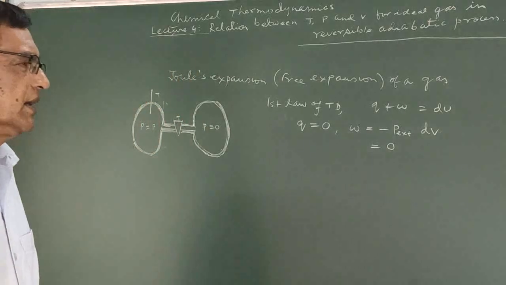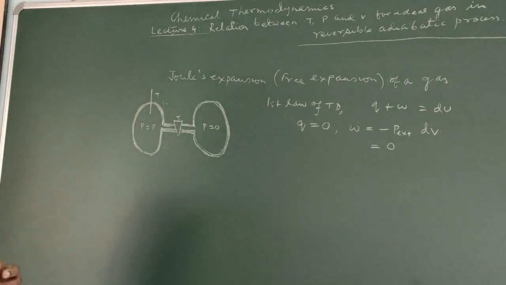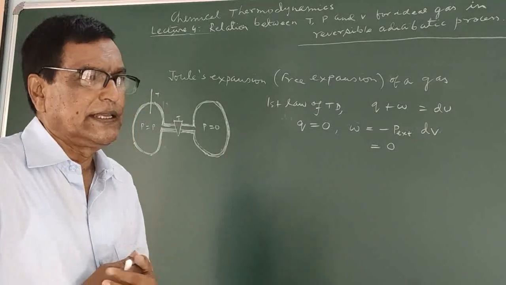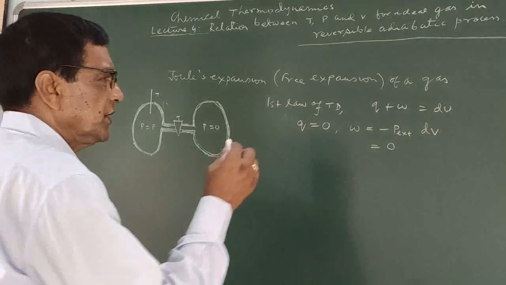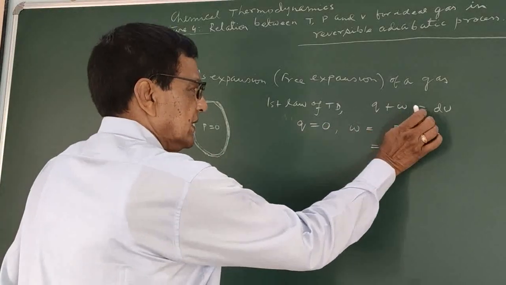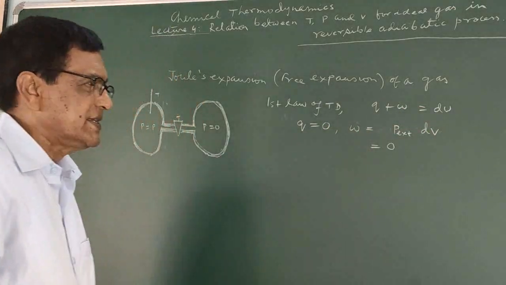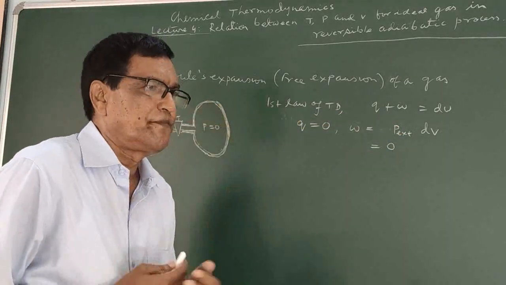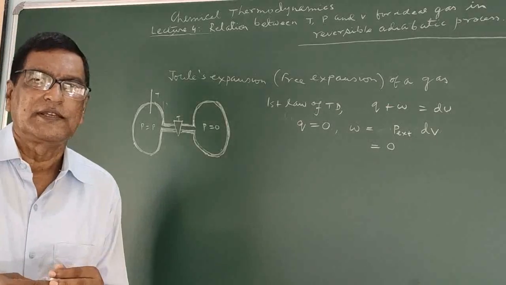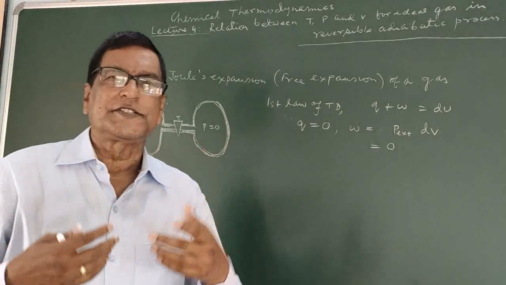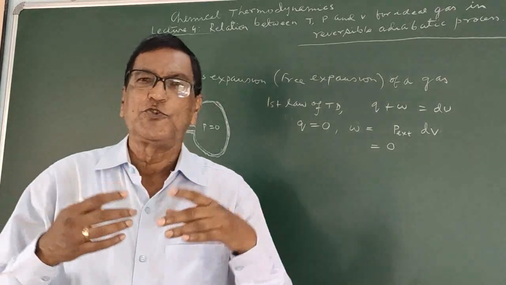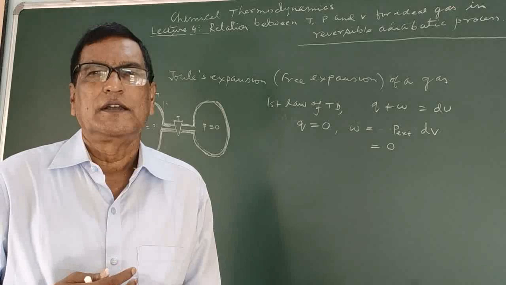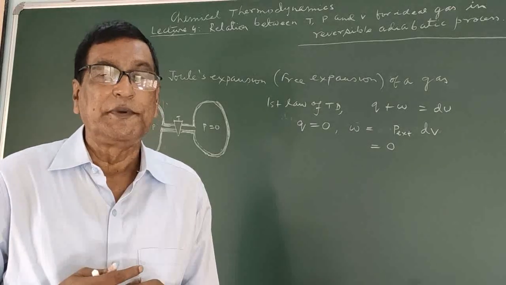Work done by the gas or work done on the gas, both will be equal to 0. It is very surprising that whenever the gas expands against vacuum, against 0 pressure, the gas cannot do any sort of work. Why is it so?